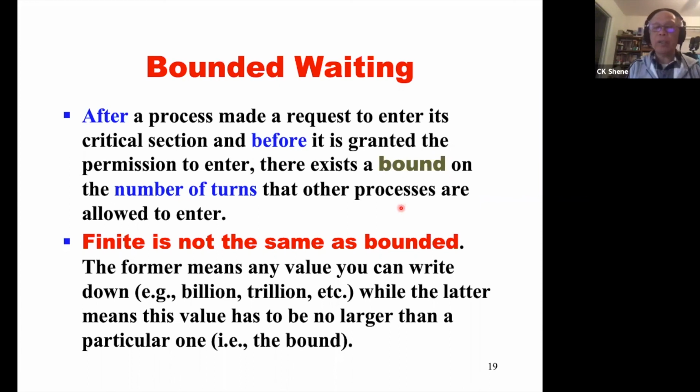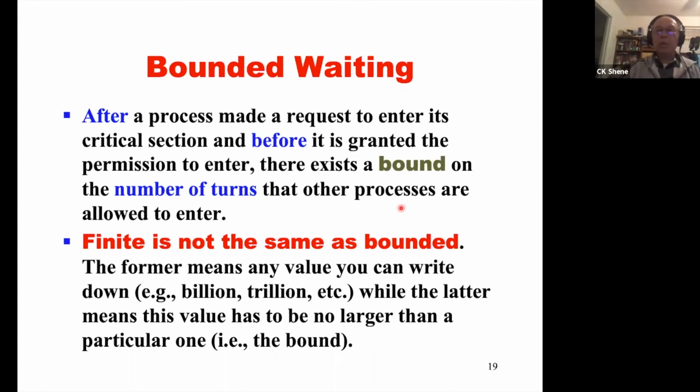Now student X has waited for 2 because student X comes in after student C exits. And then student B enters the second round and student A enters. So student X has waited for 3 rounds. No matter what, if the bound is 3, even though some student Y or Z comes in, student X could enter.